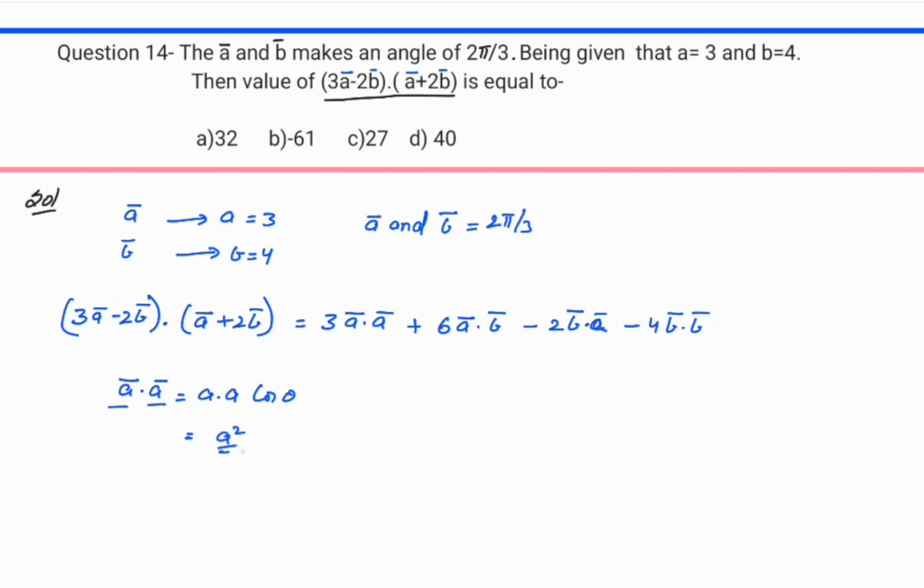It means it is going to be A square. When we multiply the same vectors, we get the square of the magnitude.